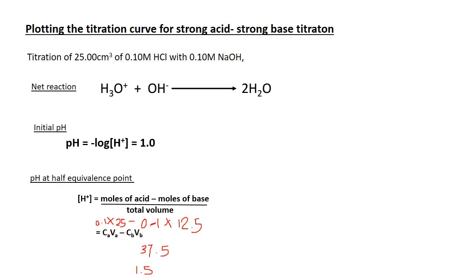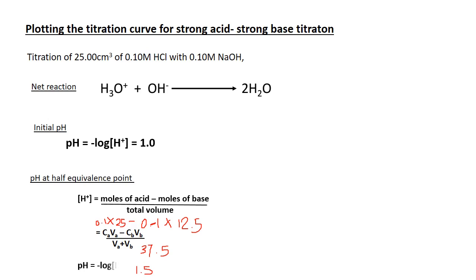So now we have to divide it by the total volume. The total volume is the volume of the acid plus the volume of the base. Here the volume of the acid is 25 and the volume of the base is 12.5. When we add 25 plus 12.5 together, we get the total volume as 37.5.